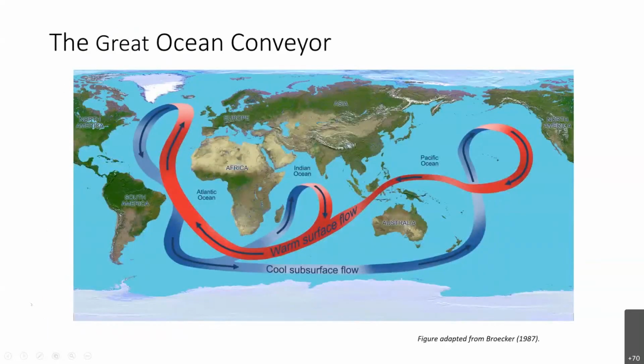Most of us are very familiar with this iconic schematic figure of the Great Ocean Conveyor. It elegantly and simply captures what we now know about the connectivity of ocean circulation across all the major ocean basins.